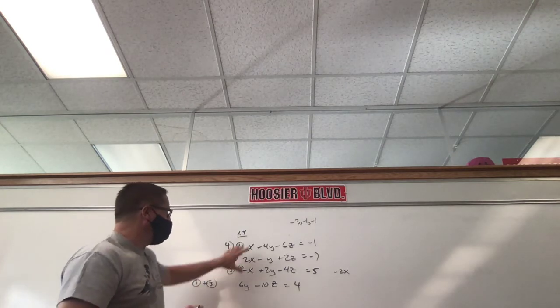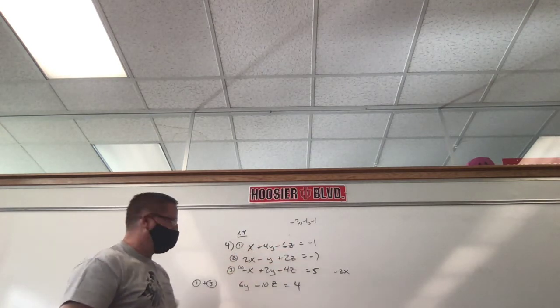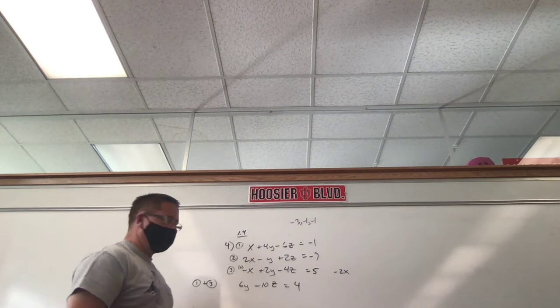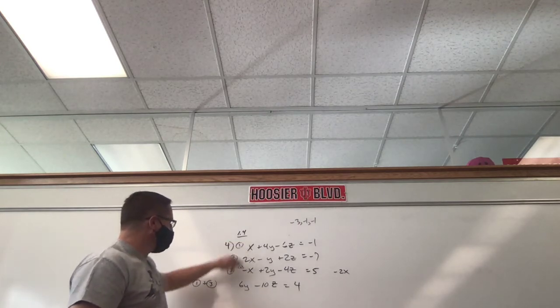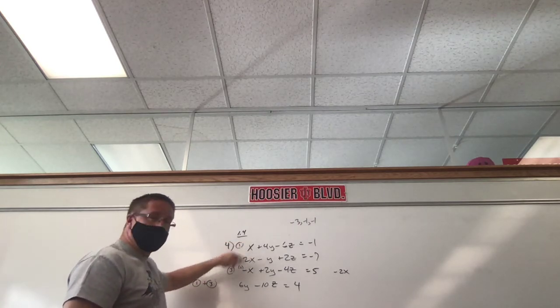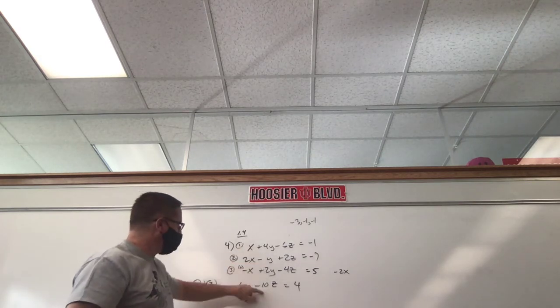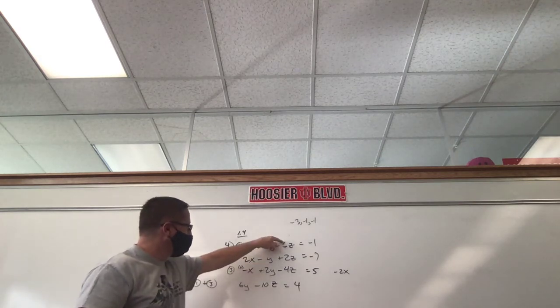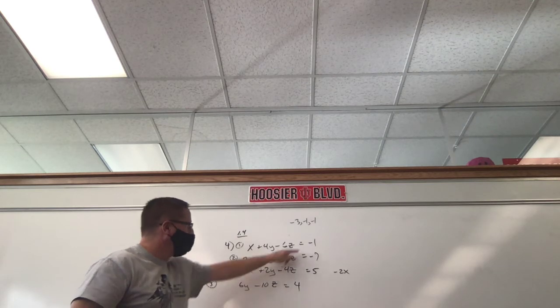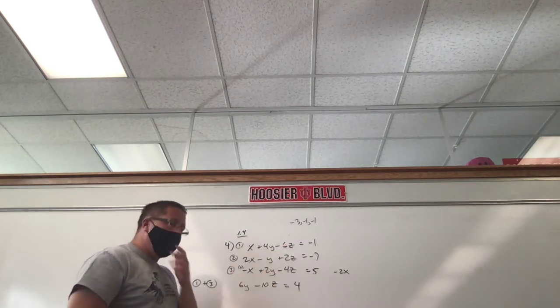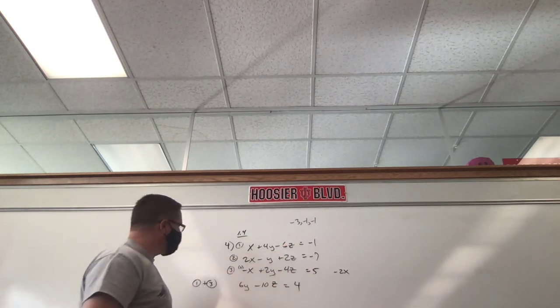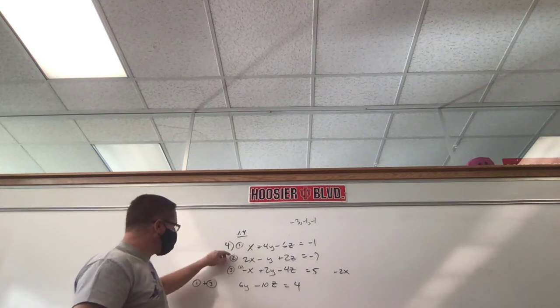So what we're trying to do is find out what x is, what y is, and what z is. We have to eliminate a variable. Here it said let's add the first and third equations together. The x's go, x plus -x gone. 4 and 2 is 6y. -6 and -4 is -10. -1 and 5 is 4. We need to eliminate another x. Instead of the first and third, we chose to do the second and third.